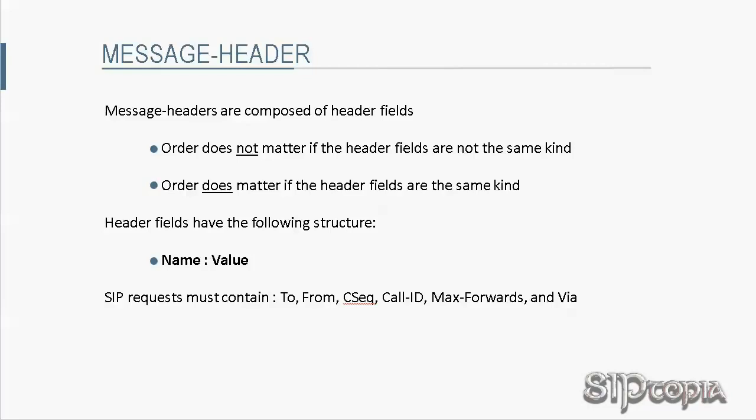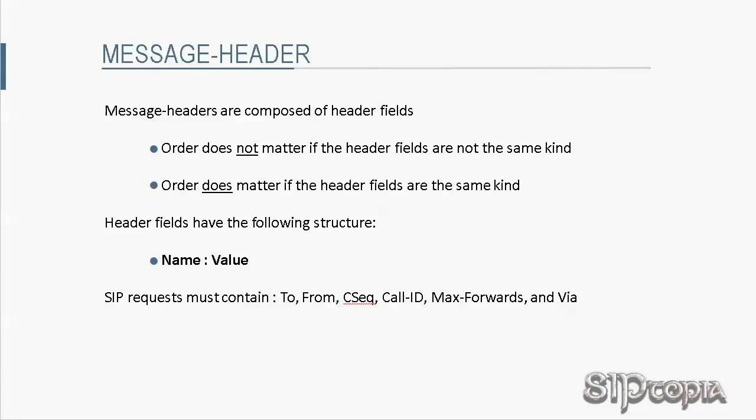All SIP requests must contain at least each and every one of the following headers: To, From, CSeq, Call-ID, Max-Forwards, and Via. These 6 header fields are the most important components in SIP requests.